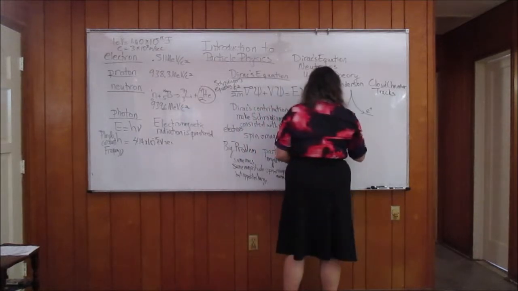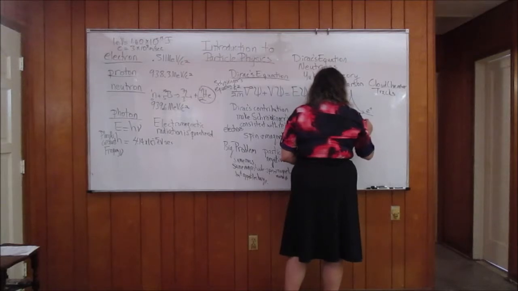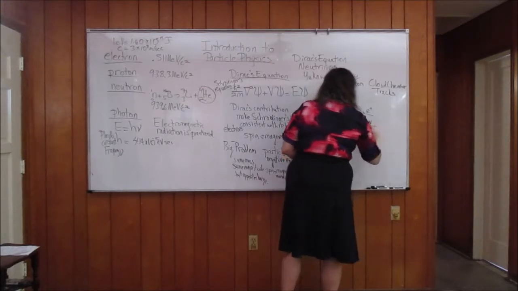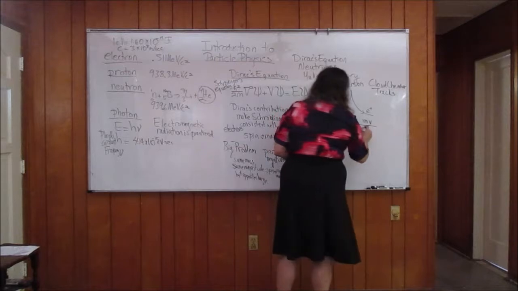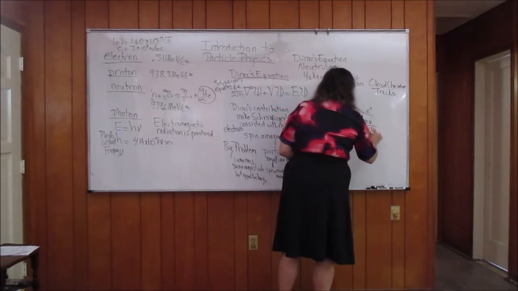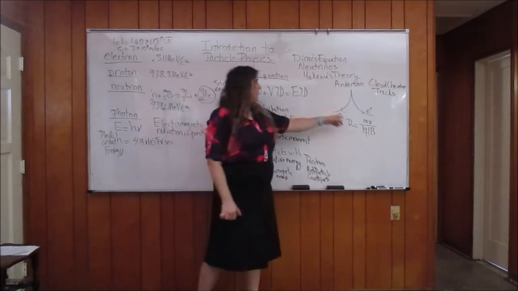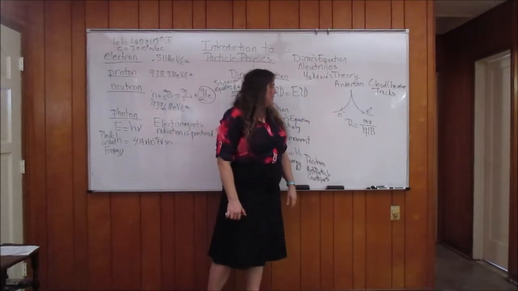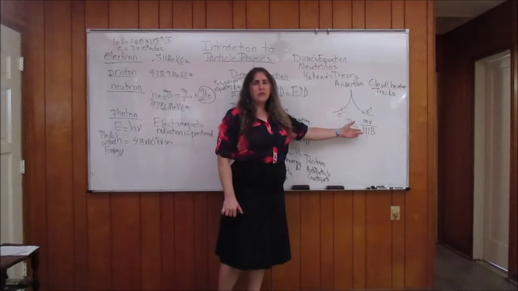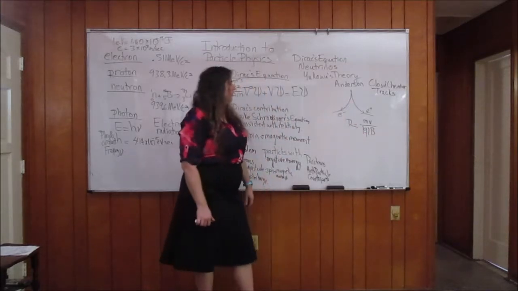So the radius of the trajectory is equal to mass times velocity over the magnitude of the charge times the magnitude of the magnetic field. So you can measure the radius of these tracks, and also you know what magnetic field is imposed upon this cloud chamber.